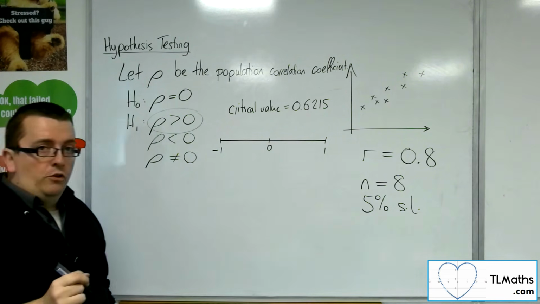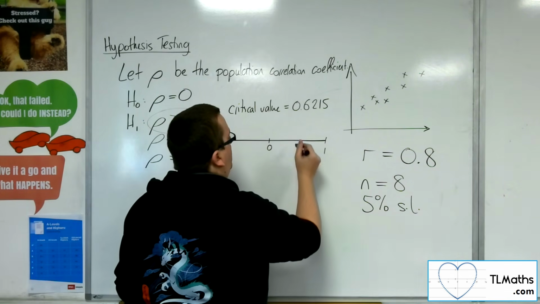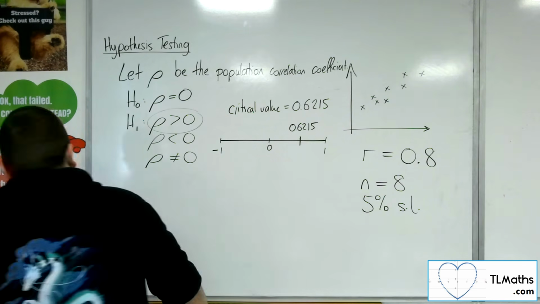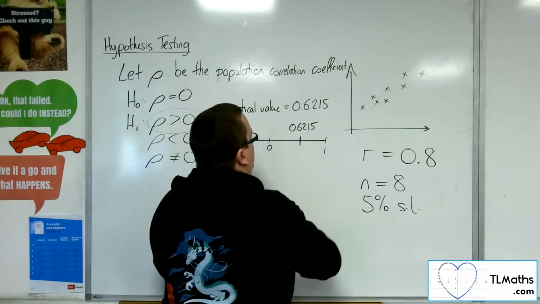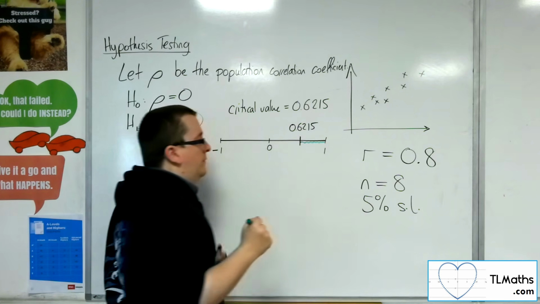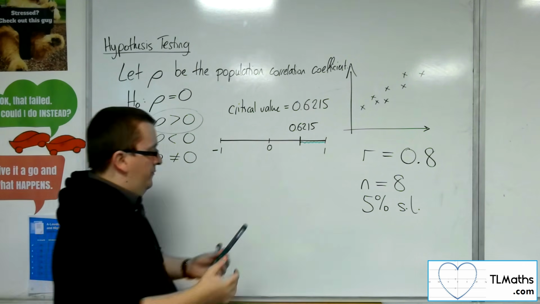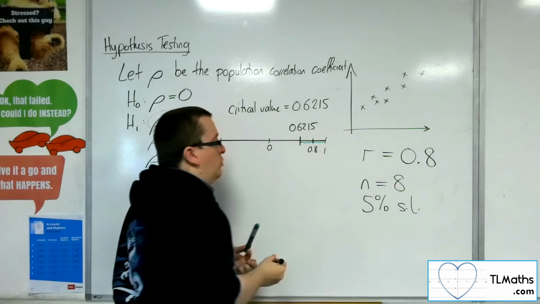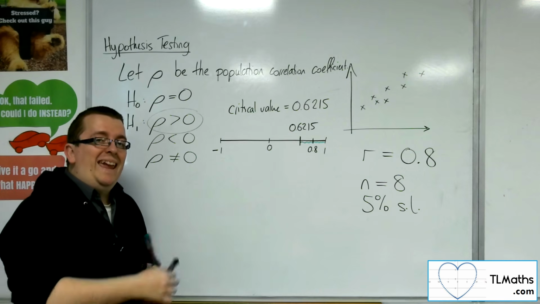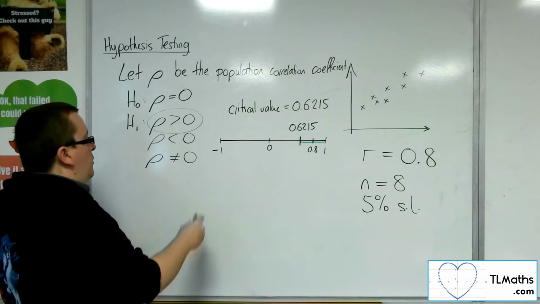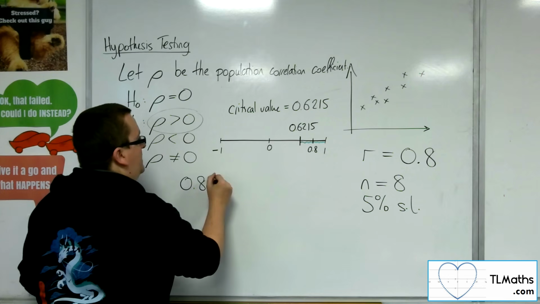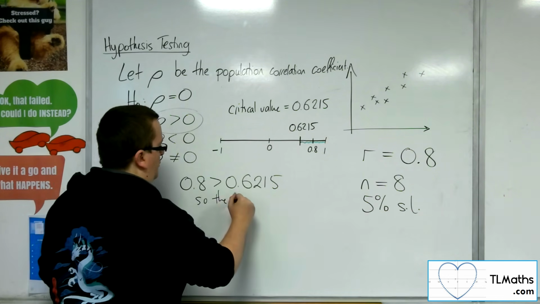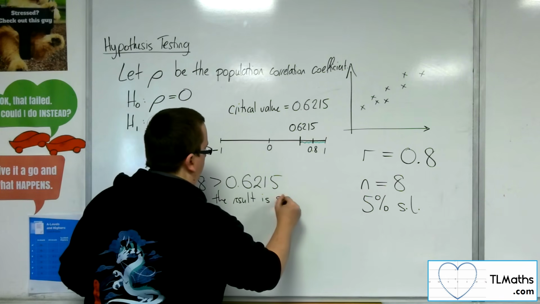The critical value that's been set there is 0.6215. So this is your critical region. 0.8 is clearly inside your critical region, and so it is significant. You would have to say that 0.8 is larger than 0.6215, so the result is significant.